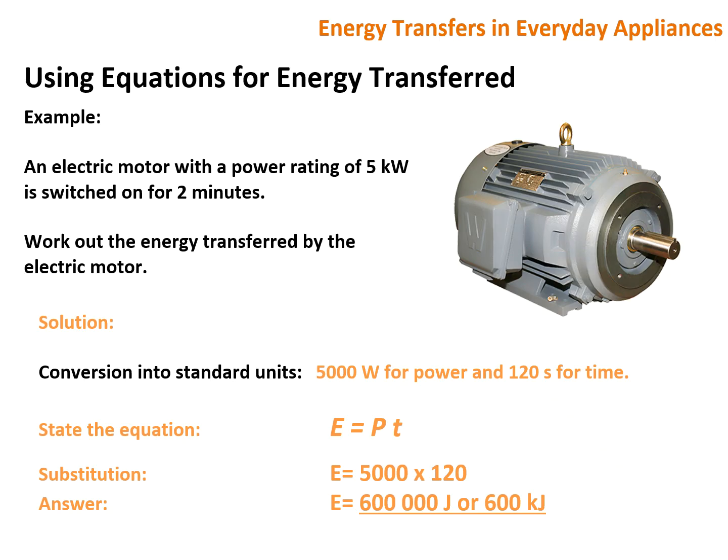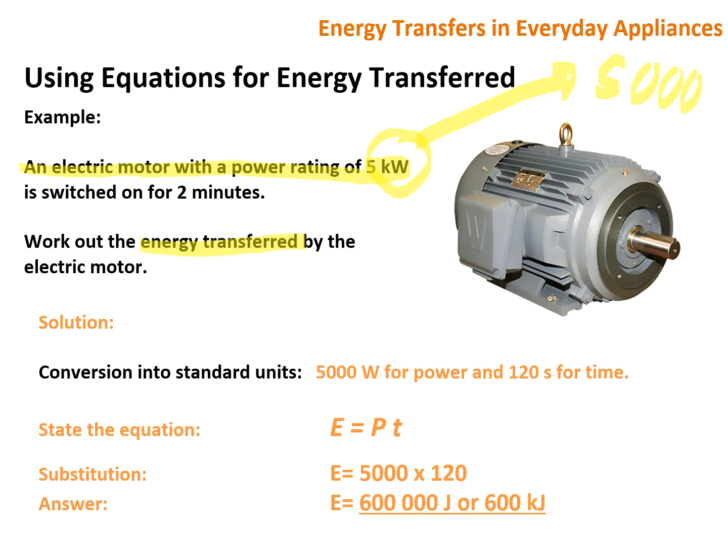So for example, they give you a question. I'll go back to highlighter because I'm good like that. An electric motor with a power rating of 5 kilowatts. As soon as I see kilowatts, I'm thinking to myself, that is 5,000 watts. Work out the energy transferred.